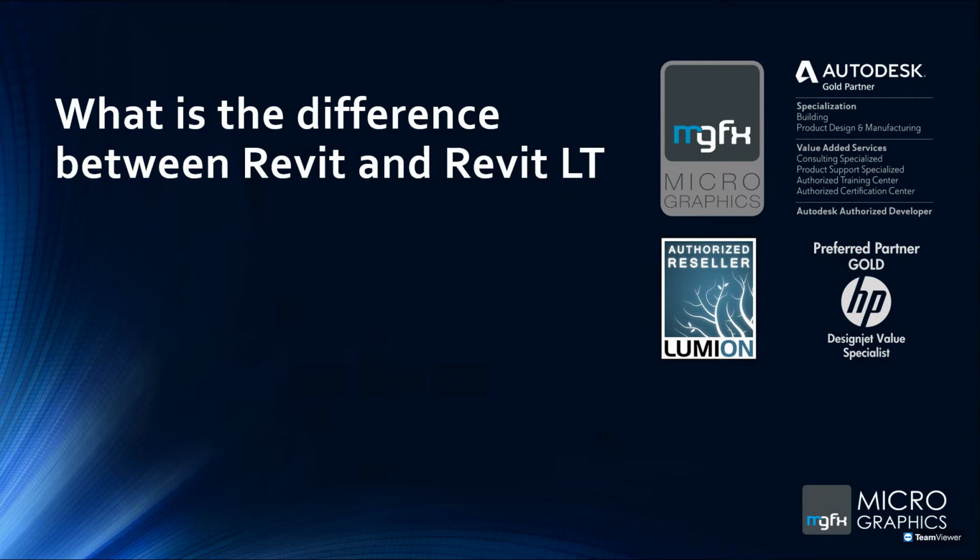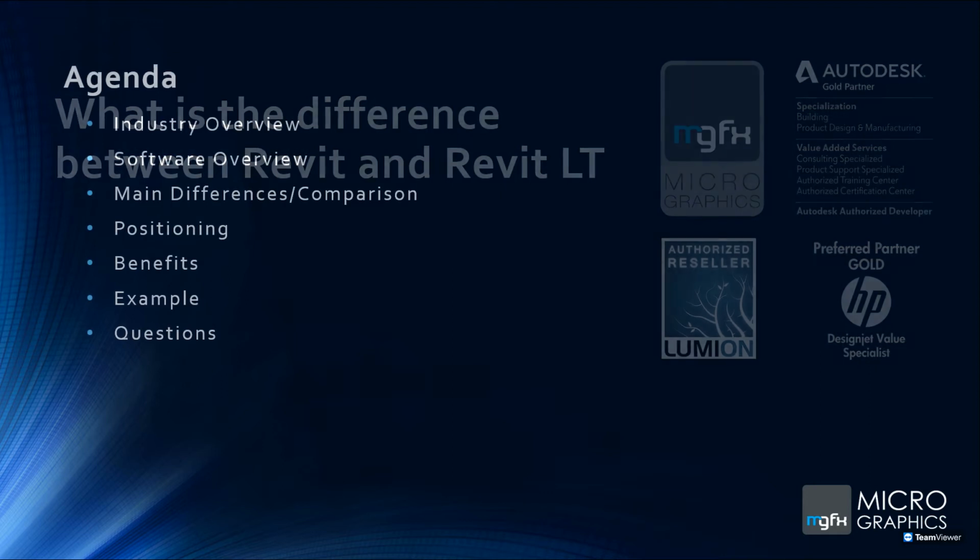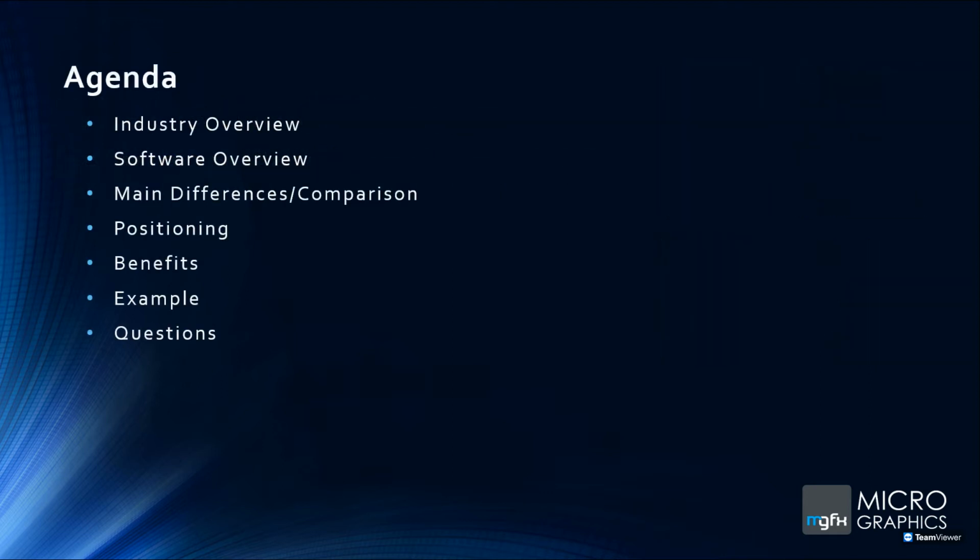Let's look at the agenda. Firstly, we're just going to look at the industry, and then we're going to delve down to the software, some of the differences between the different versions of Revit, how it's positioned in the industry, and some options that you can look at.